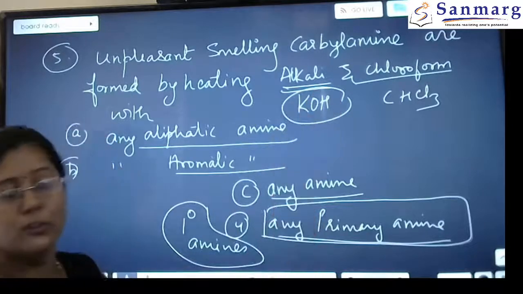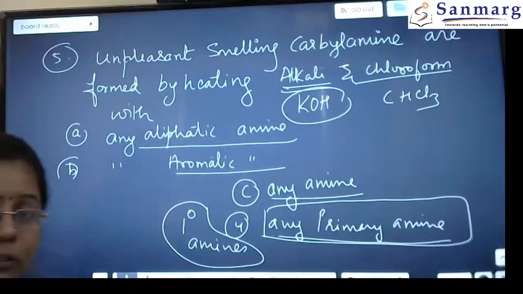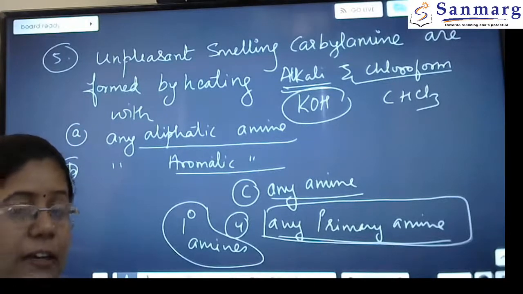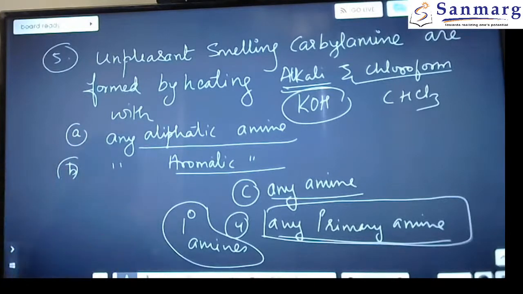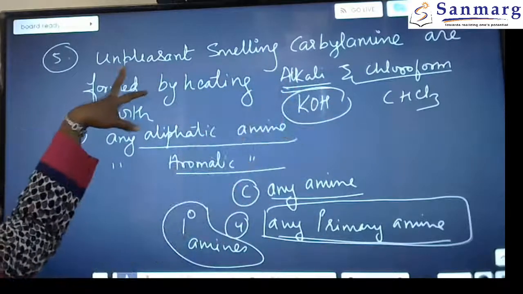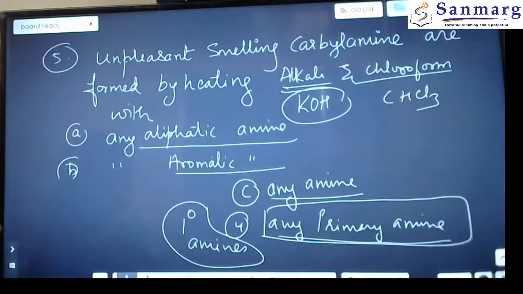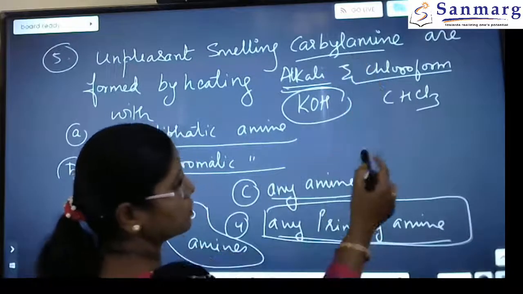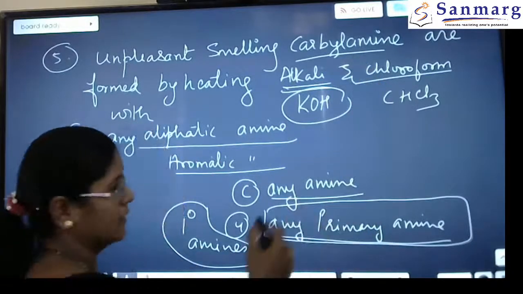So the right answer is primary amine. Whatever carbylamine you get here has an unpleasant smell. Carbylamines are also called isonitriles.